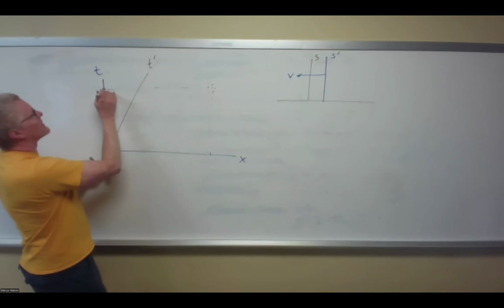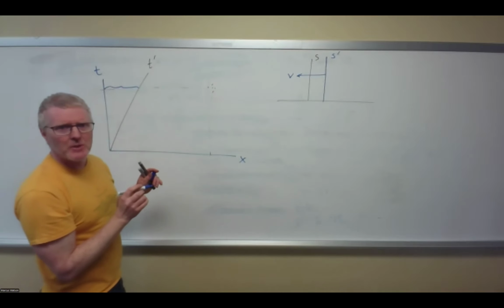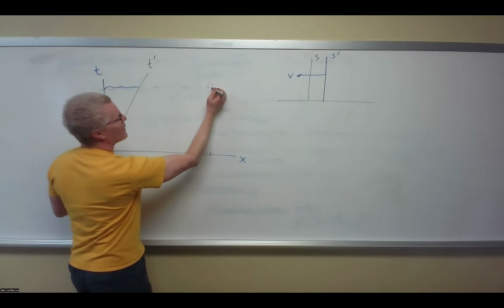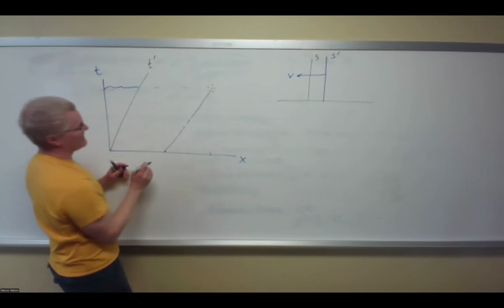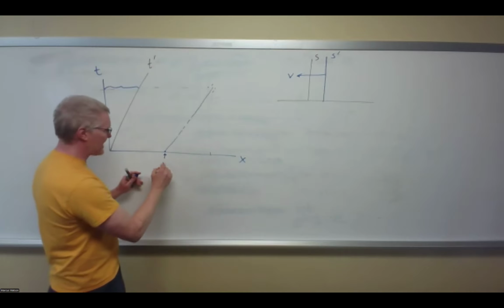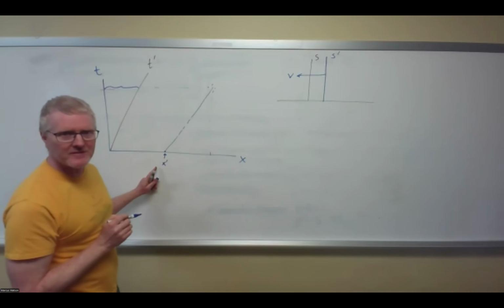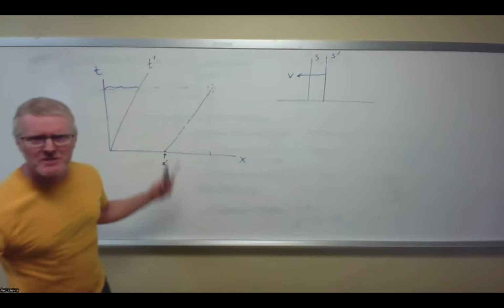Because look, there's a difference in the spacing of these two axes. So I have to go backwards like that, in order to find out what's the x coordinate, that would be my x prime coordinate for this event happening. Oh, that doesn't look very parallel. Sorry, it's supposed to be parallel.